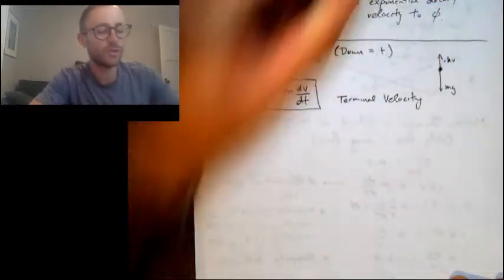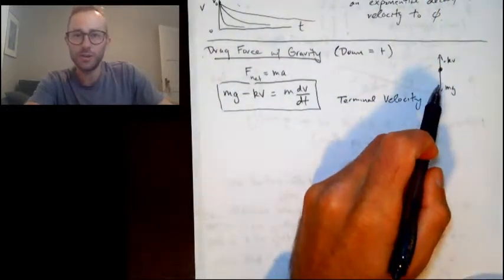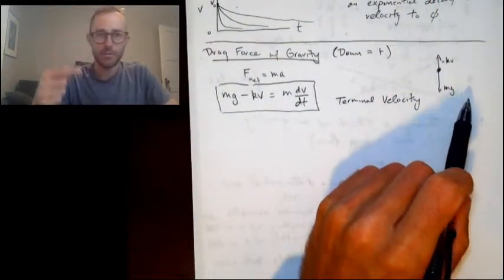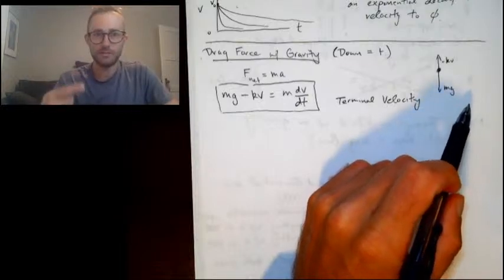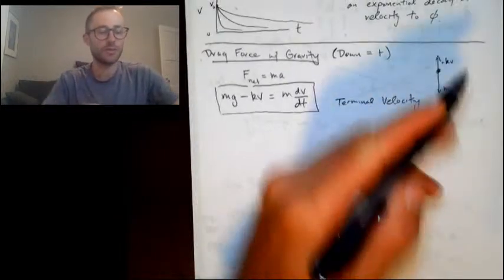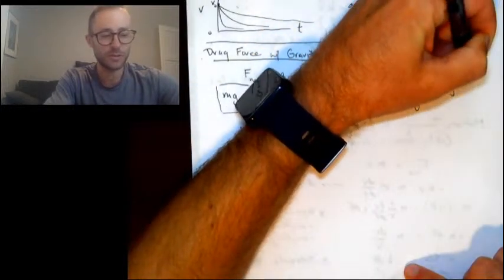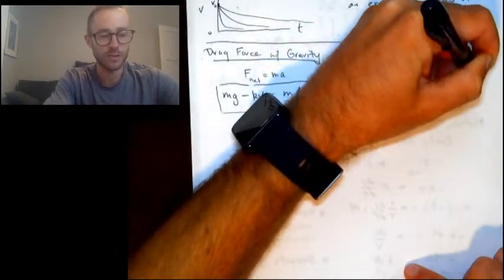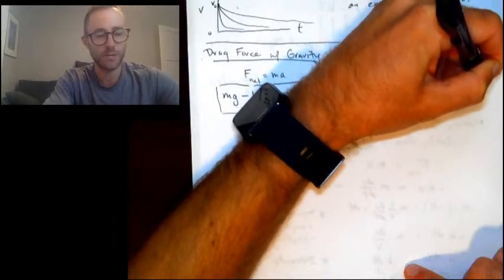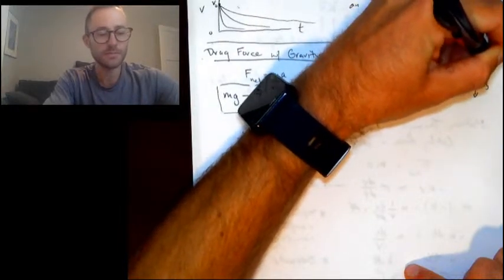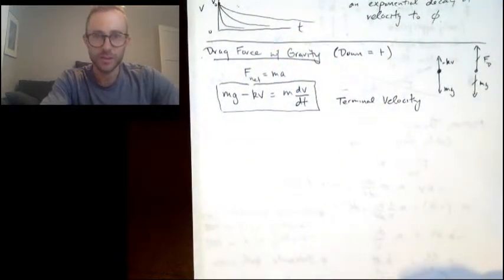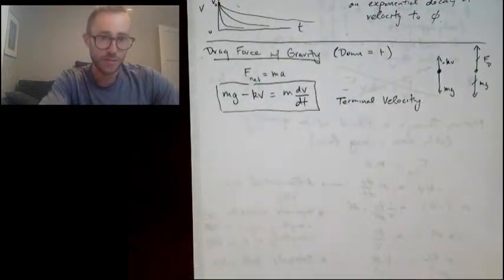Okay, so what's going to happen as this thing falls is it's going to pick up more and more speed. And as it picks up speed, the drag force gets bigger and bigger. And eventually we have a situation where the drag force is balanced by the weight force. And in that case, the object stops accelerating. Okay?